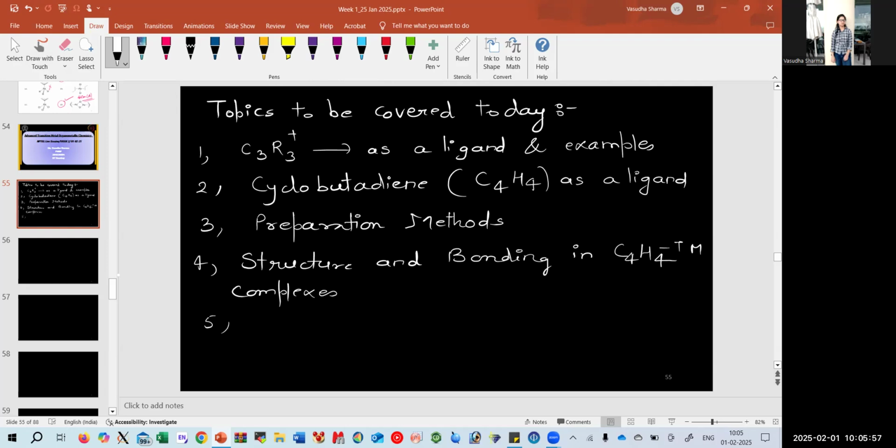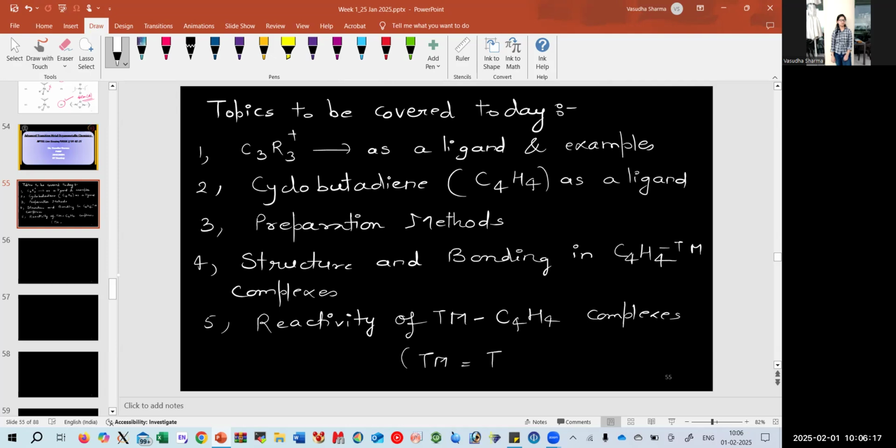Followed by that, we will see the reactivity, how these complexes react: reactivity of transition metal C4H4 complexes. Here TM is transition metal.